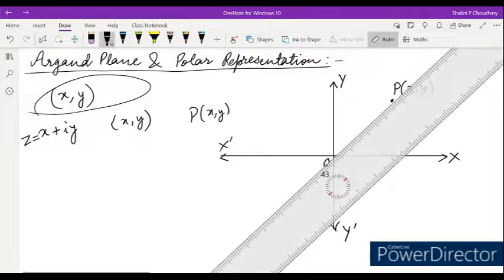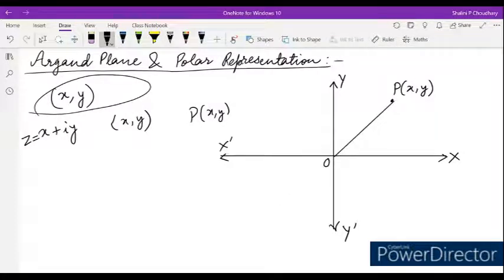If we join this line, the value of this line, from 0 to P, will be equal to the square root of x square plus y square, because on the x-axis its distance is x, and the distance along y is y. So OP is the hypotenuse, and it will be equal to the square root of x square plus y square. Okay, that we'll see later. We'll also see it in detail in polar representation.